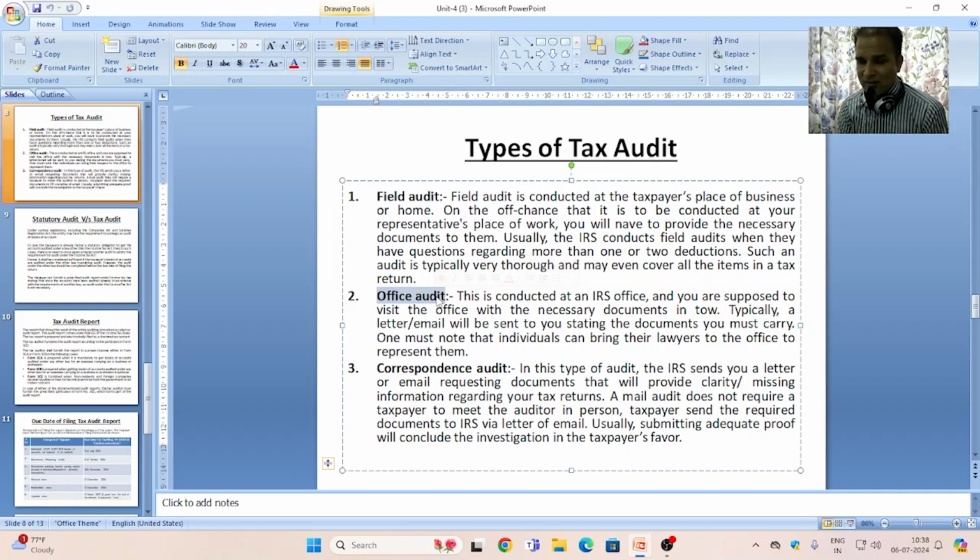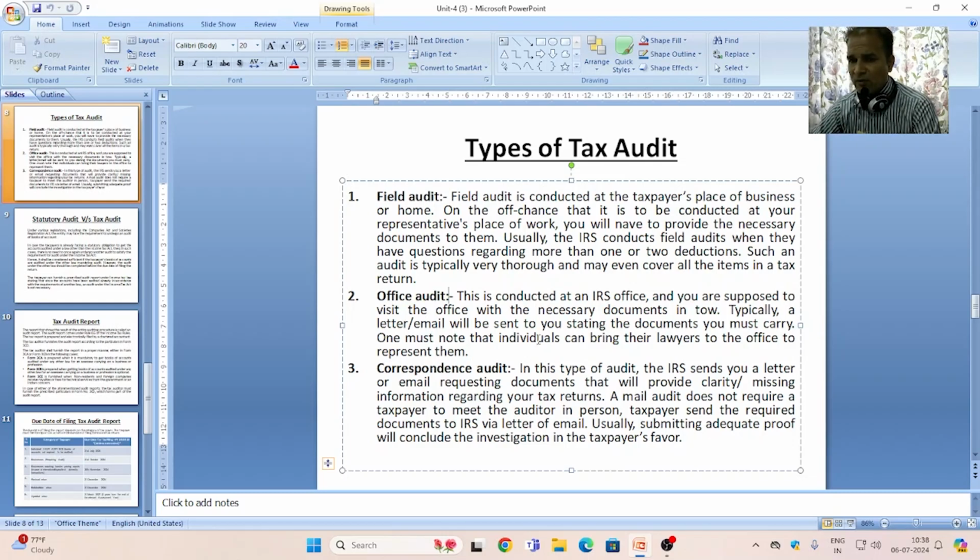In this, information for audit and required documents are sent by the IRS or income tax department to the SSC, and SSC is liable to present all the documents by letter or email. In case of correspondence audit, usually submitting adequate proof will conclude the investigation in the taxpayer's favor.